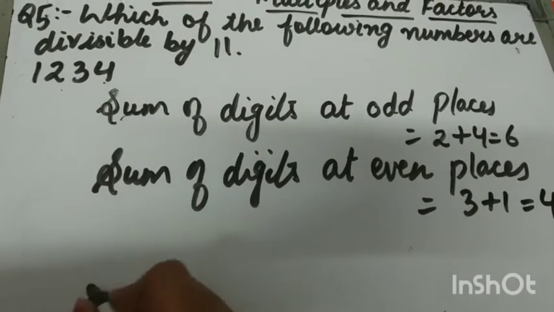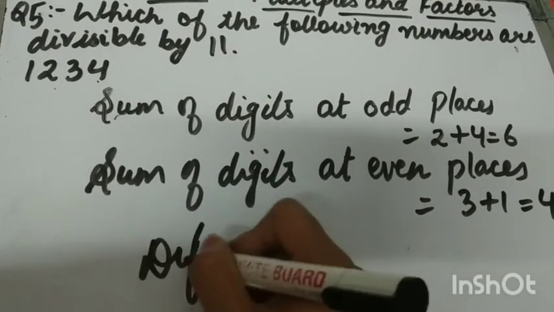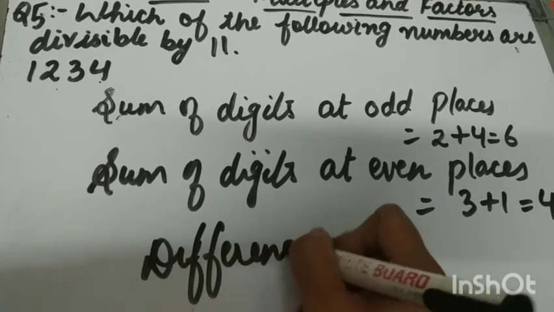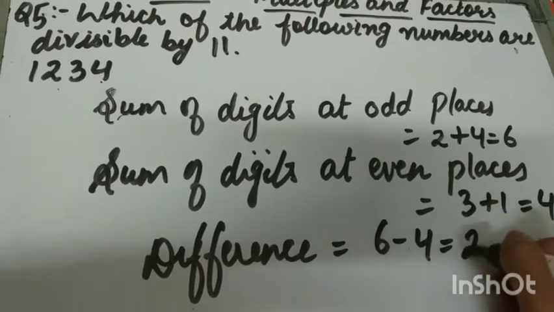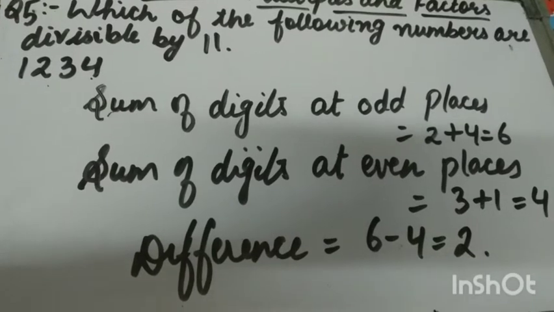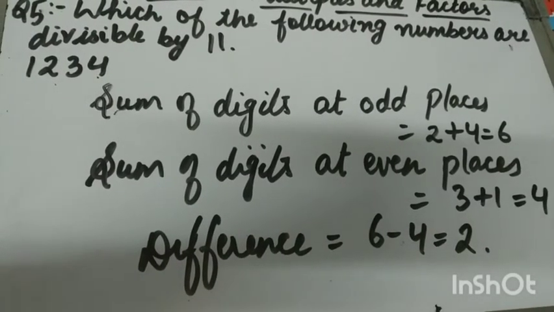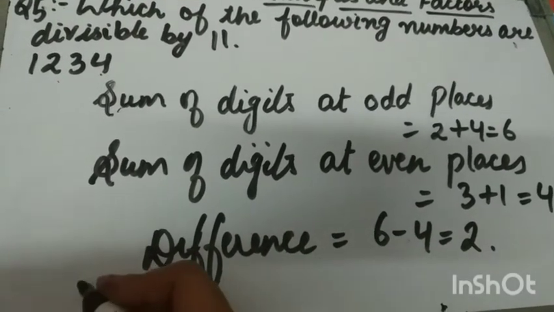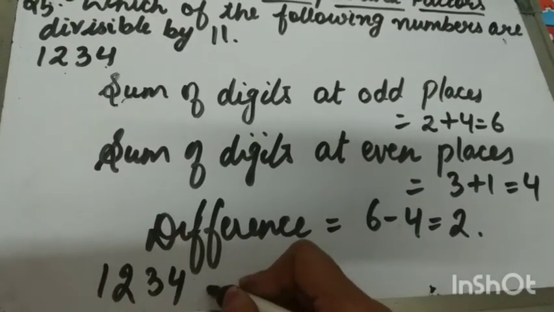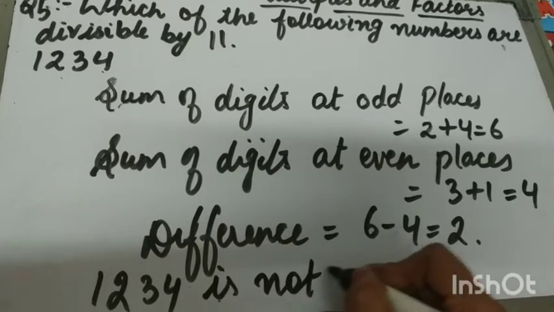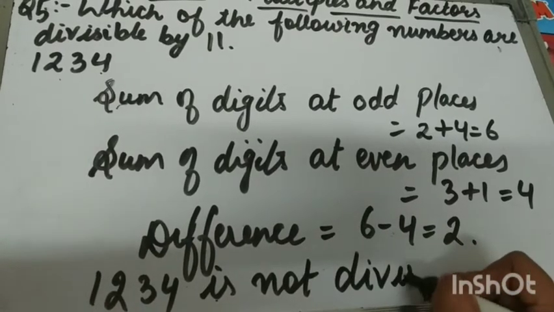Now you will find the difference of odd and even places. The difference is 6 minus 4, which is 2. It's not 0 or a multiple of 11. So 1234 is not divisible by 11.